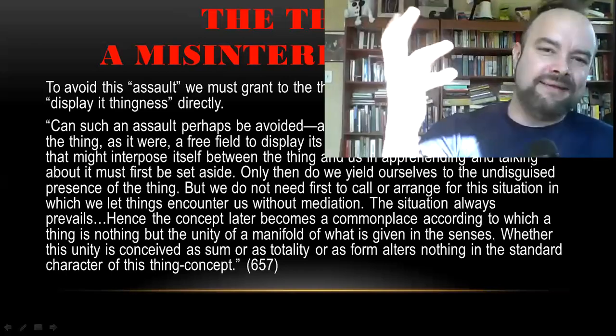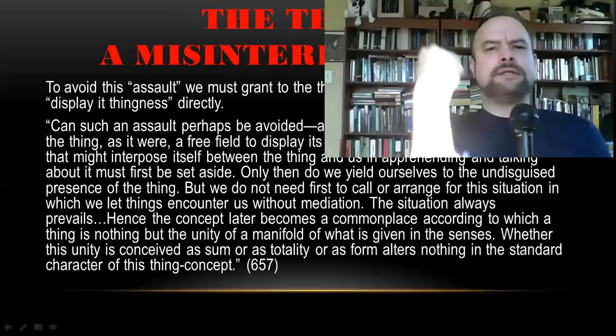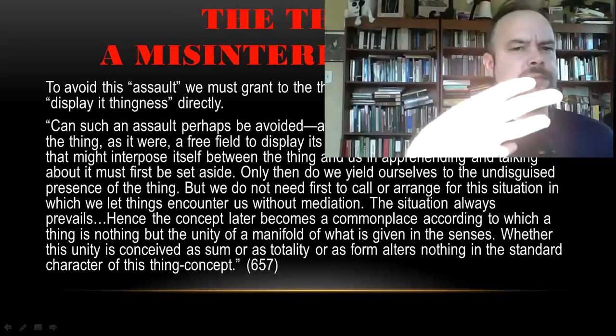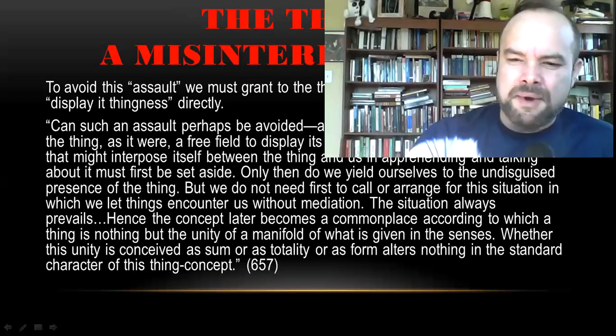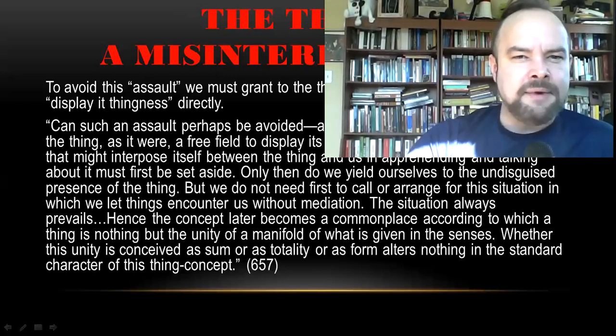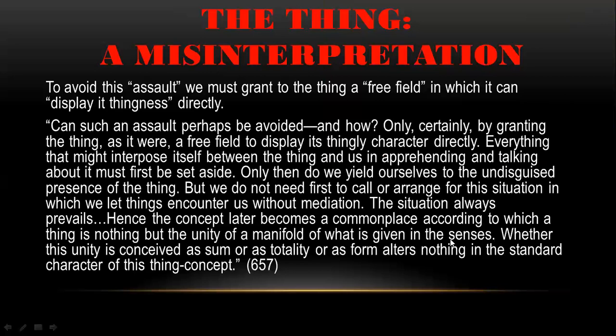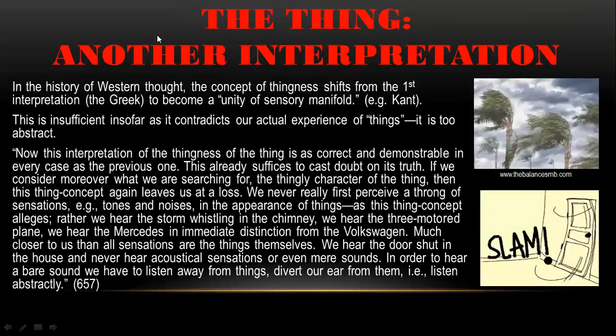Or a totality. That's more of the Kantian. It all coheres together in this totality of experience. Form, I'm not sure, he might be alluding to Plato there, or perhaps Leibniz or something. But for him, even this interpretation, although it doesn't slice the thing up into this subject-predicate divide, we see what's wrong with that already, but this misses out on something too, okay?